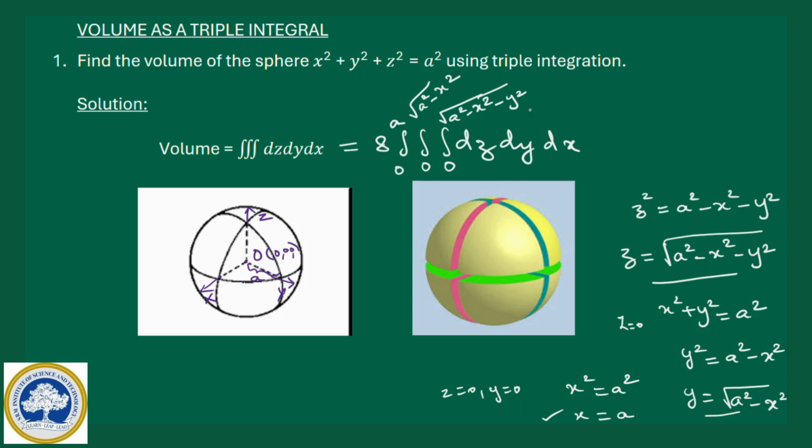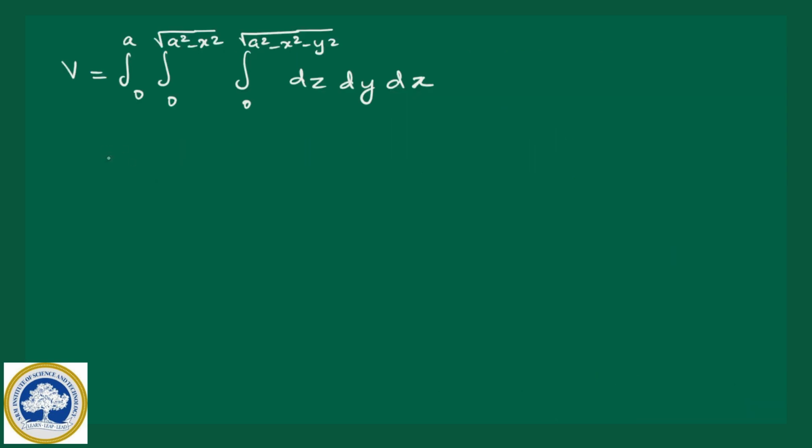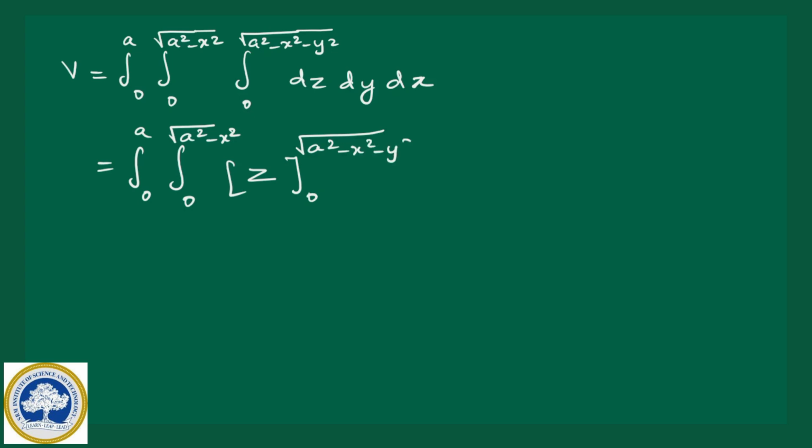Now we have to integrate this. Now let us integrate. Integral 0 to a, integral 0 to root of a square minus x square. The integration of dz is z over the limit 0 to root of a square minus x square minus y square.